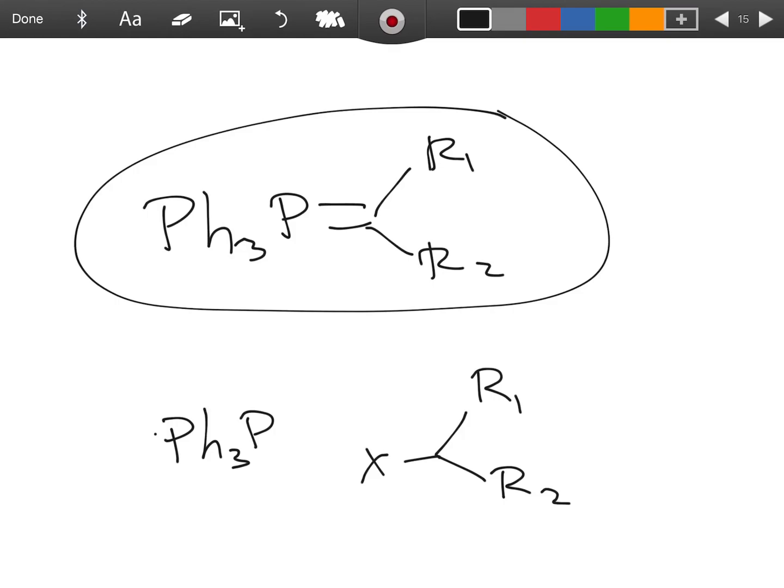I want to go through a few steps, some of which you already know from Organic 1 or Organic 2. And some are new reactions or variations of reactions that I want you to see. And then also kind of build on stuff we've already seen in class thus far.